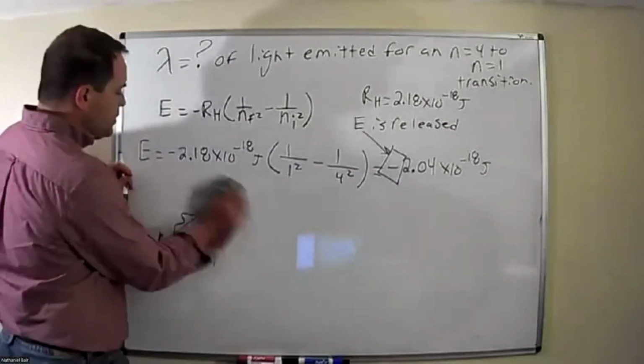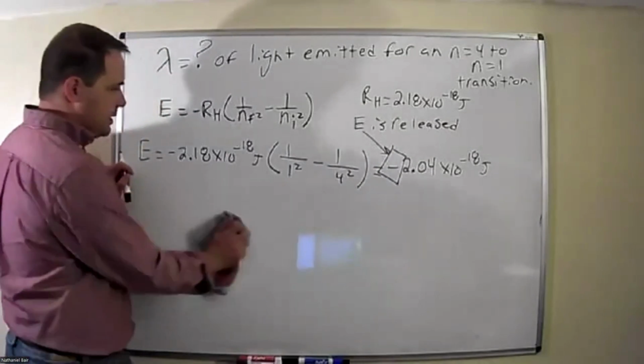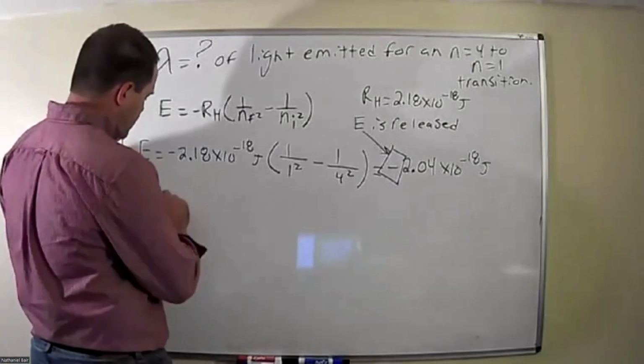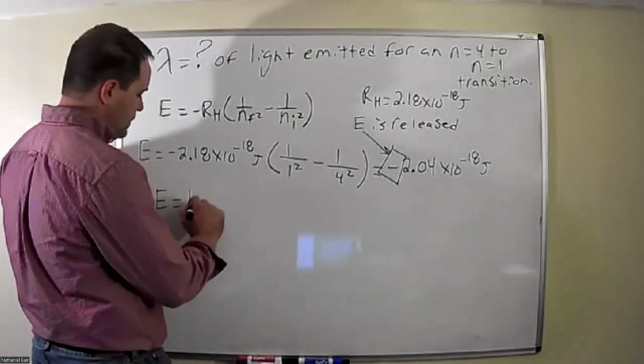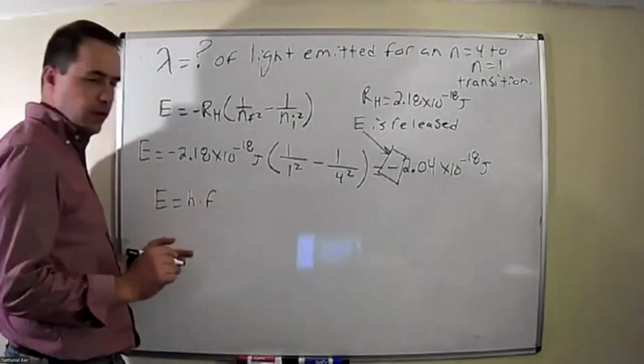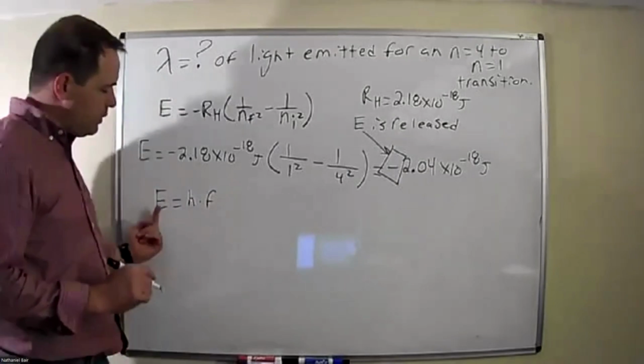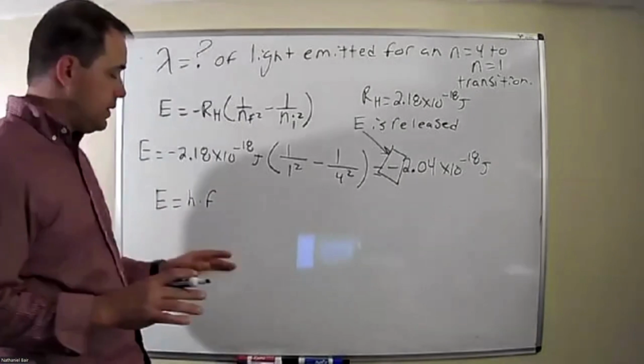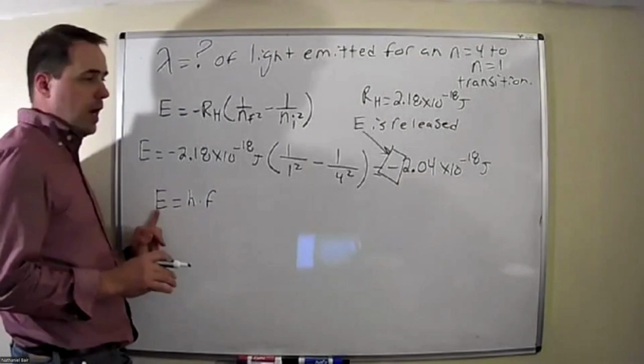So once you understand that, this next step is a little easier to understand. What are we going to do? When we have the energy, we can now use that Einstein's equation we were talking about earlier, E equals hf, and we can use that energy and Planck's constant to get a frequency. But when you do this, that energy has to go in as positive.